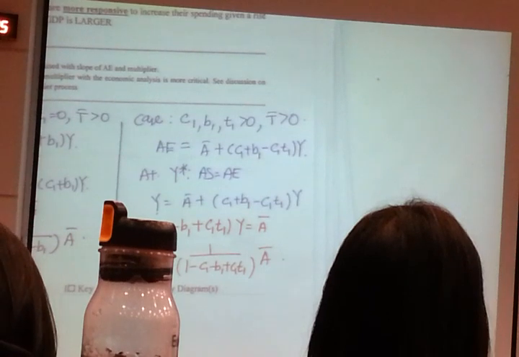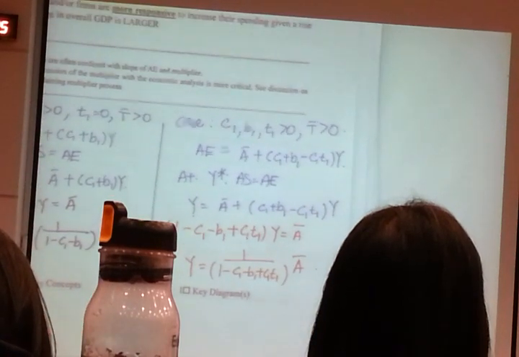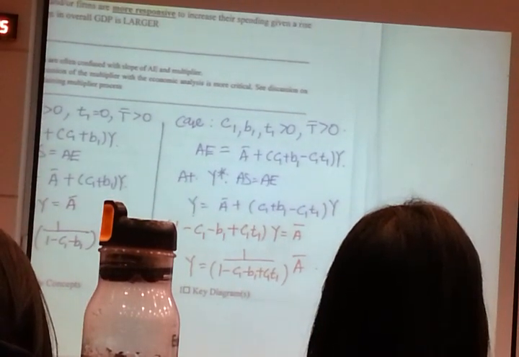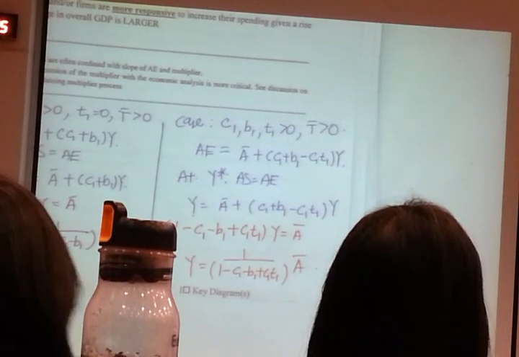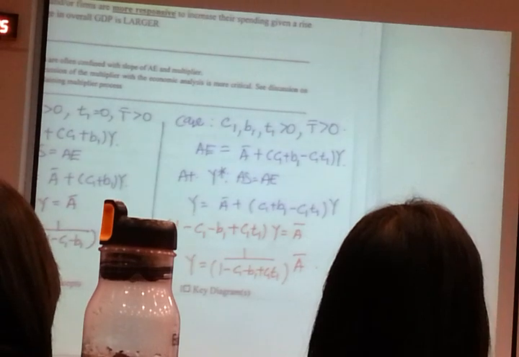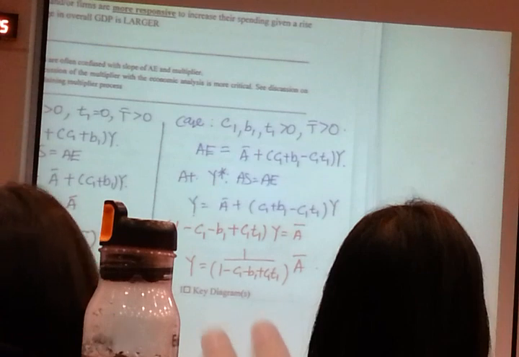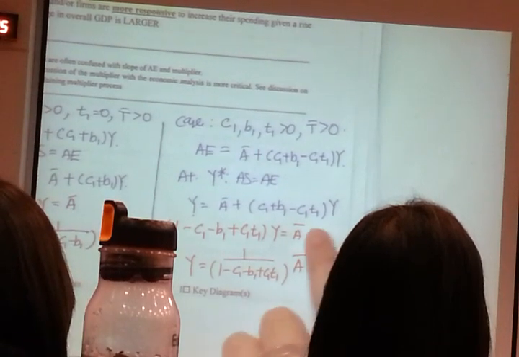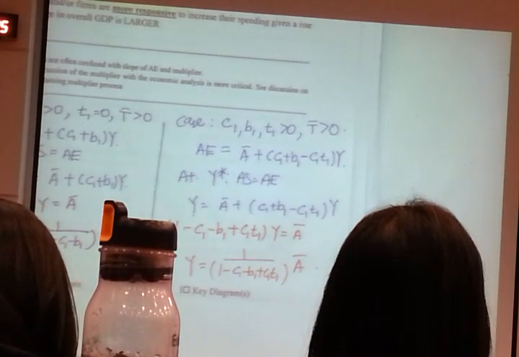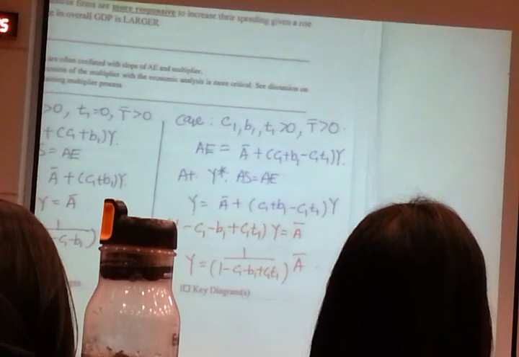Right, so you can see, please do not memorize things. Learn to derive: based on the assumption, derive AE, derive multiplier. It all comes with practice. So I don't deny some of you may not be so strong in maths. You deal with plus minus, you take a bit more time. But if you practice, you will get it.